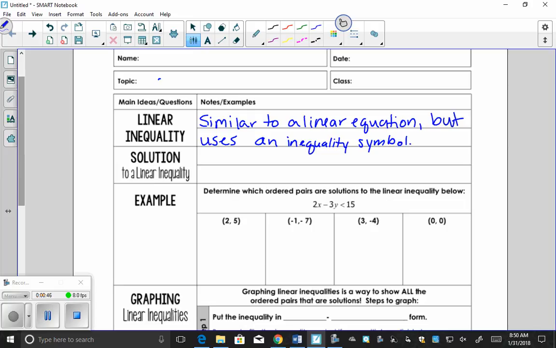Okay, so they're basically the same except it uses an inequality symbol.